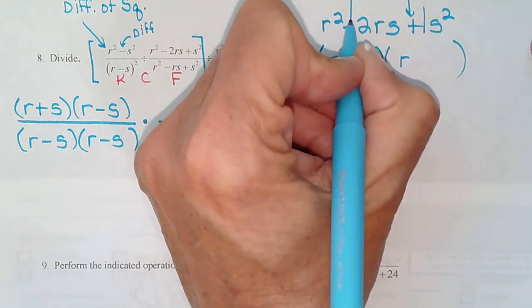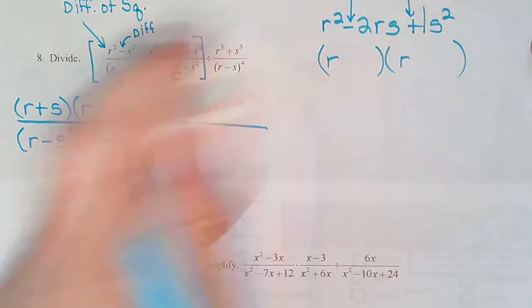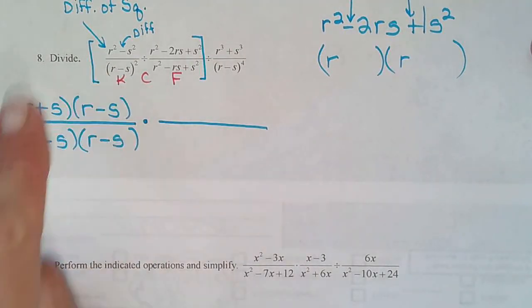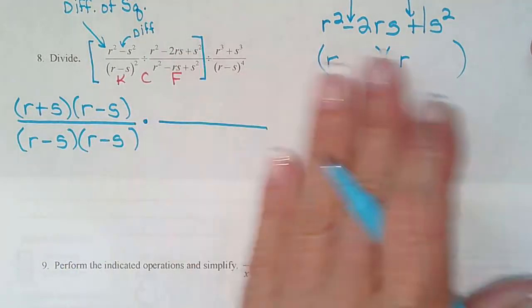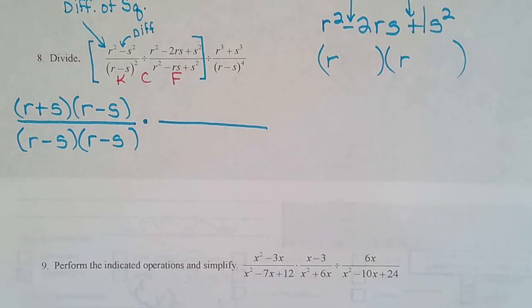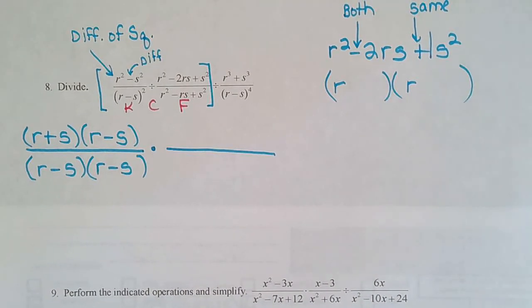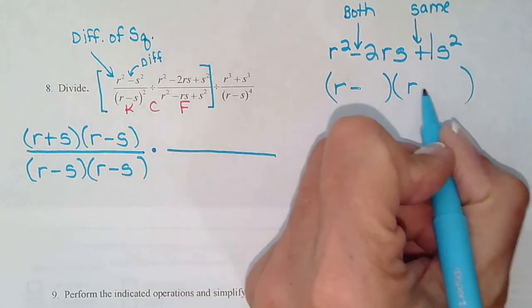See, what I do when I see a really complicated problem, I just take one problem at a time. I take this, I do this. I take this, I do this. I don't look at the big picture. I just do a little bit at a time. Otherwise, it just rattles you, to go, oh my gosh, look at all these r's and s's and signs. And it's just crazy. So now put our minus in.